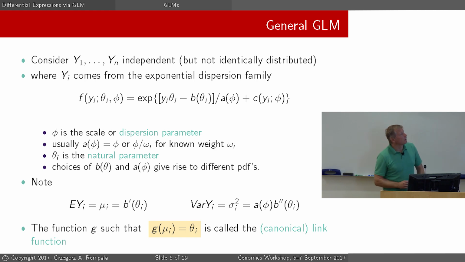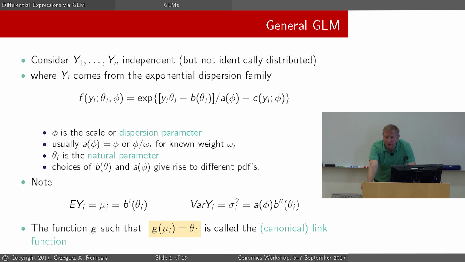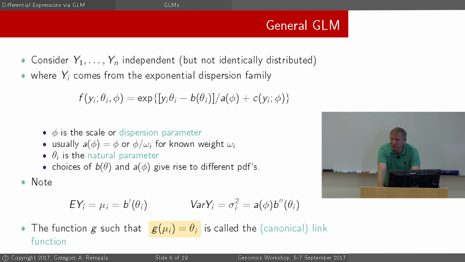If you have a structure of this type, you are looking at something called an exponential dispersion family. Very often this a of phi function is just phi, or phi divided by some weight, w i, which is known. Phi is called the dispersion parameter because in some sense it affects the scaling of the argument of these exponents. So this is sort of a way in which we are scaling things up or scaling things down.